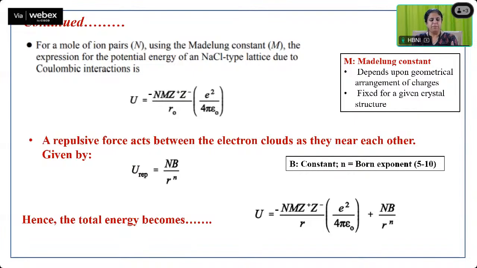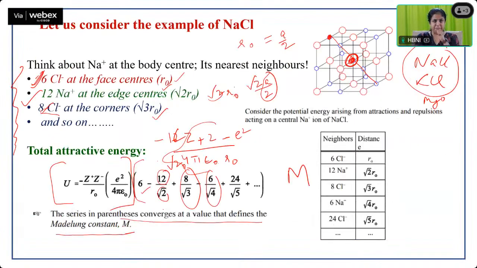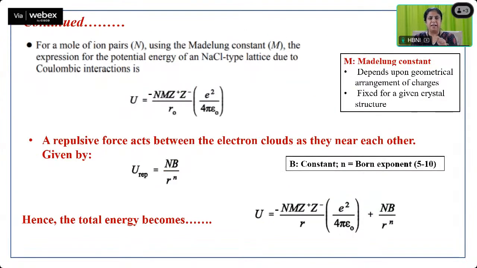Now for 1 mole of ion pair, this huge term I have replaced by M, and I multiply it by Avogadro's number. For an NaCl type of lattice, this is the potential energy I will get. Now there is another force acting there. When ions come closer together, whether positive or negative, their electron clouds come near each other, and that will repel.